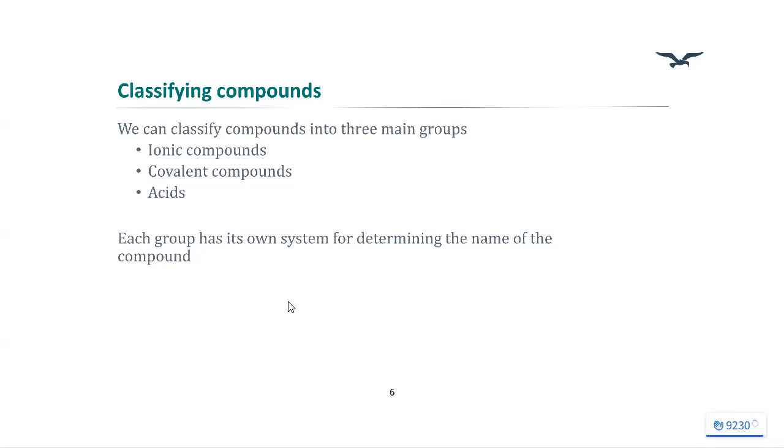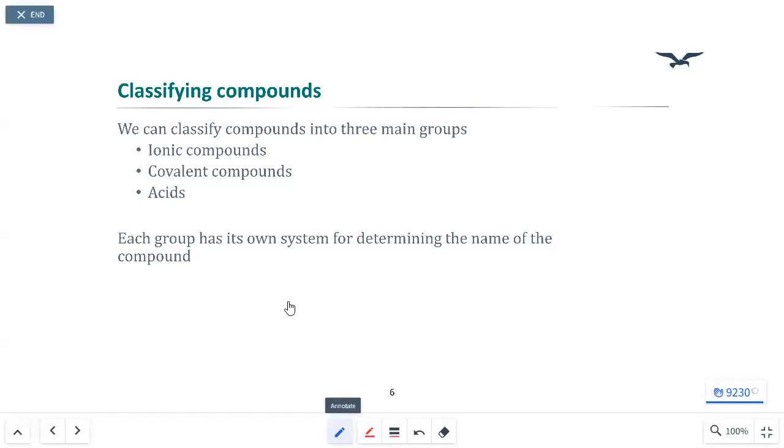So what we have here are, as we already discussed, ions, usually between a metal and a nonmetal. Covalent compounds are almost always nonmetals with each other.